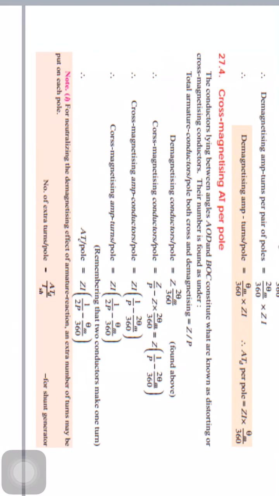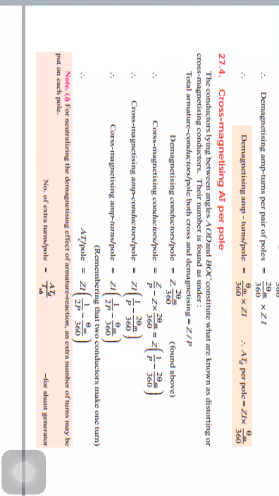And here also remember the note that two conductors make one turn. So cross magnetizing ampere turns per pole is equal to Zi into 1 by 2P minus theta m by 360. First we have written the demagnetizing conductors per pole.